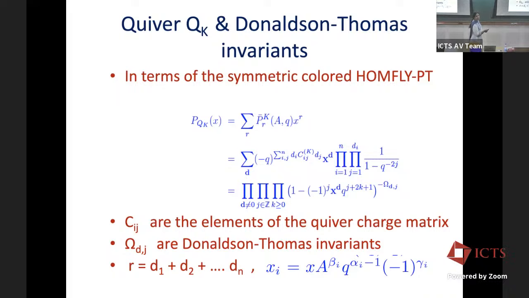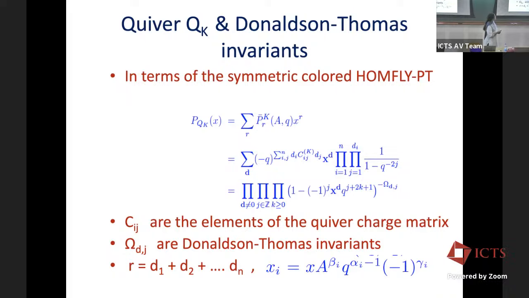This invariant can be rewritten. Okay, this is a very non-trivial exercise. Formally, this is a conjecture that this invariant can be written where C_ij is your quiver charge matrix.